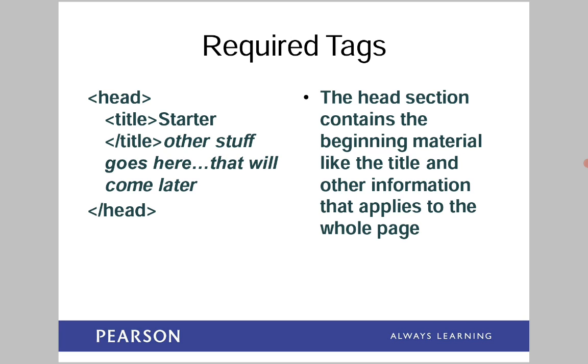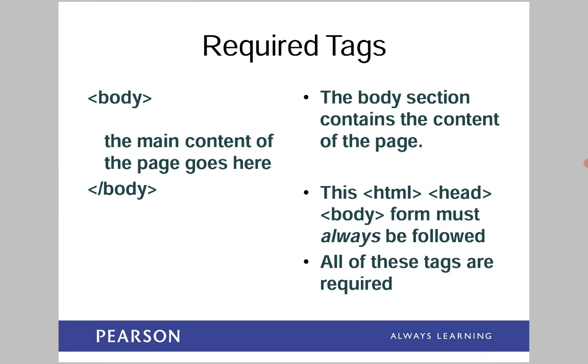Generally under the header section we may use various tags, like <head></head>, <title></title>, and <h1></h1>, <h2></h2>, <h3></h3>, <h4>, <h5>, <h6>. So the head section or header section contains the beginning material, like the title and other information that applies to the whole page.